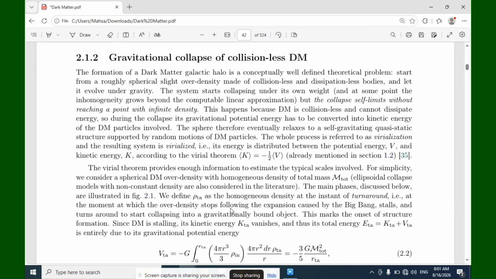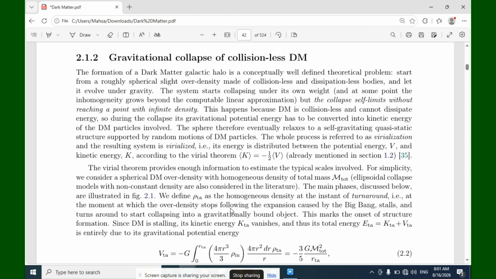So during the collapse, its gravitational potential energy has to be converted into kinetic energy of the dark matter particles involved. The sphere therefore eventually relaxes to a self-gravitating quasi-static structure supported by random motion of dark matter particles.